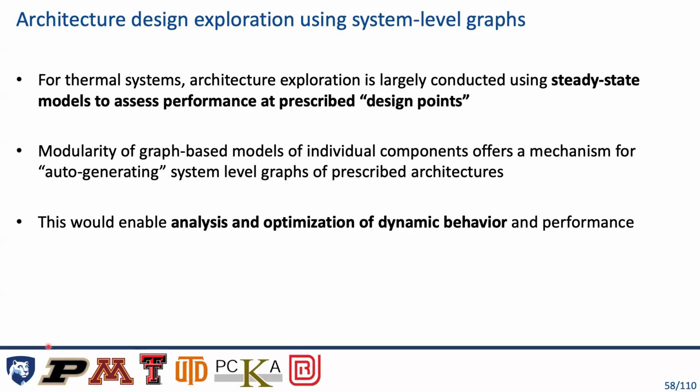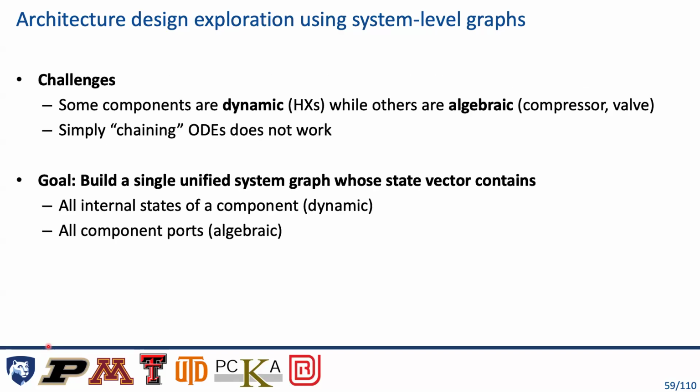And so what we want to do again here is exploit the modularity of graph-based models of individual components to sort of auto-generate, if you will, system level graphs of those different prescribed architectures. And as soon as we do that, again, we now have the ability to quickly evaluate and assess the performance of all of them.